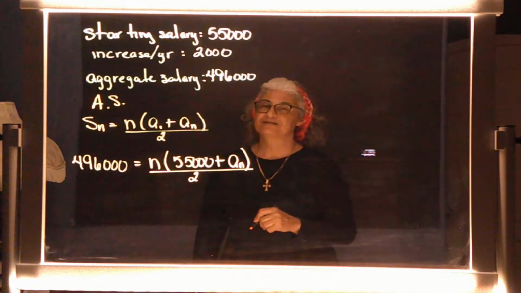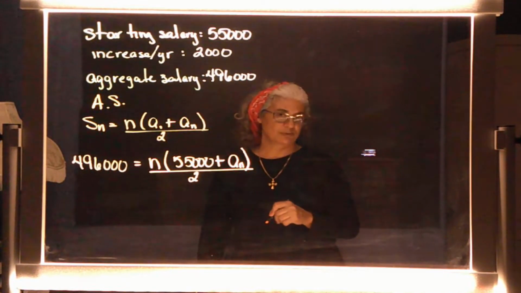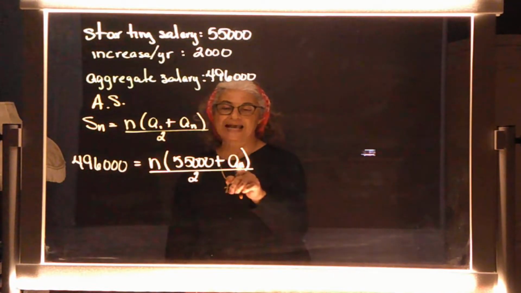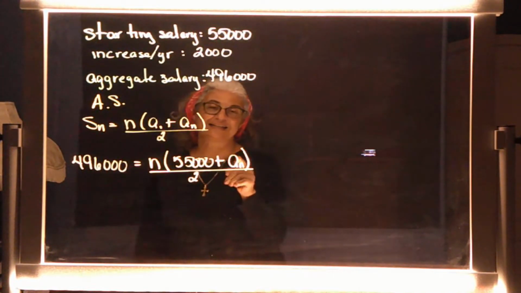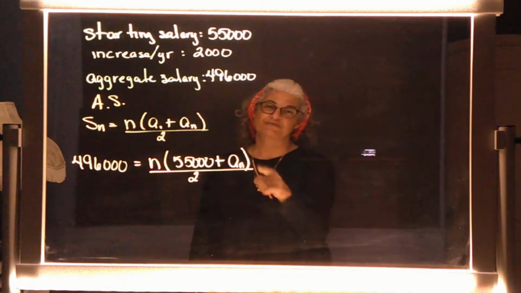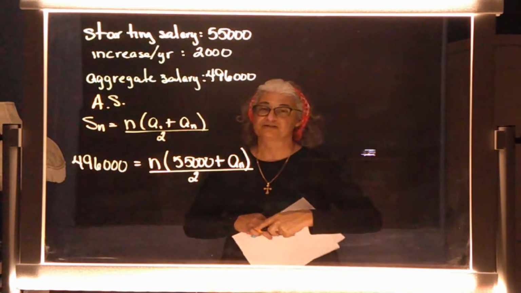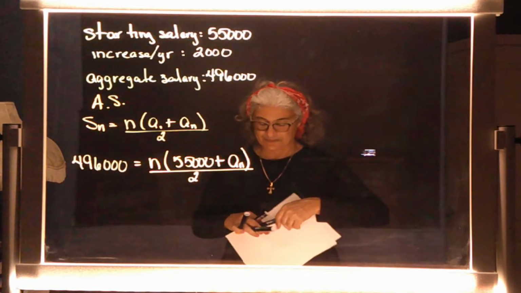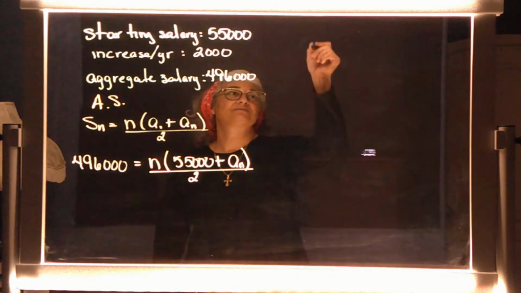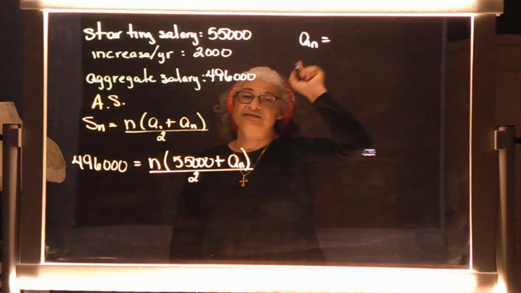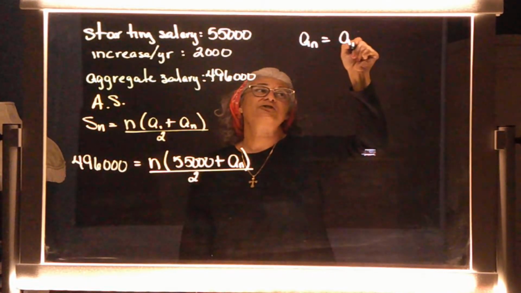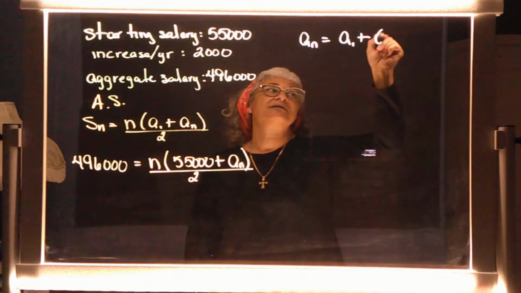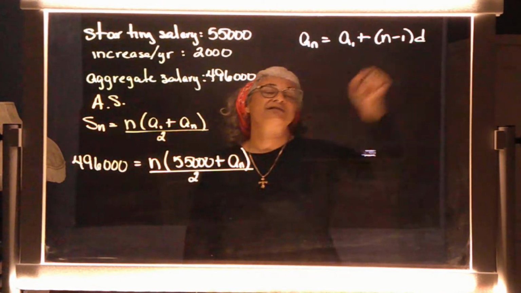So here's the deal. I've got an interesting problem on my hands. I need something written in place of a sub n, because this looks funny to have the a sub n notation. So here's what I need you to think about. a sub n is equal to the first term plus n minus 1 times d, correct?